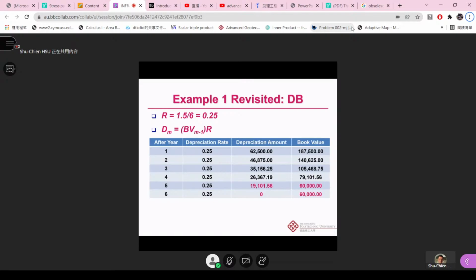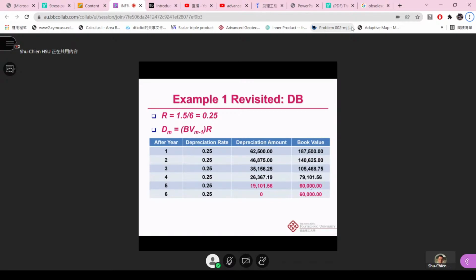So instead of subtracting the 19,700 something, we take this 79,101 minus this 60,000, which results in a depreciation amount for year 5 of 19,101, not 19,700 something.